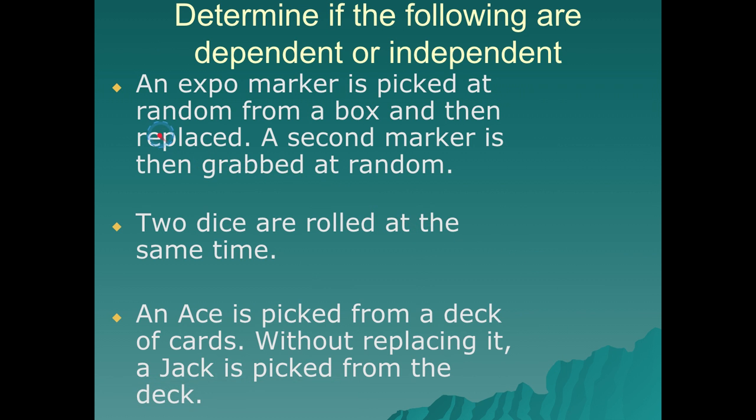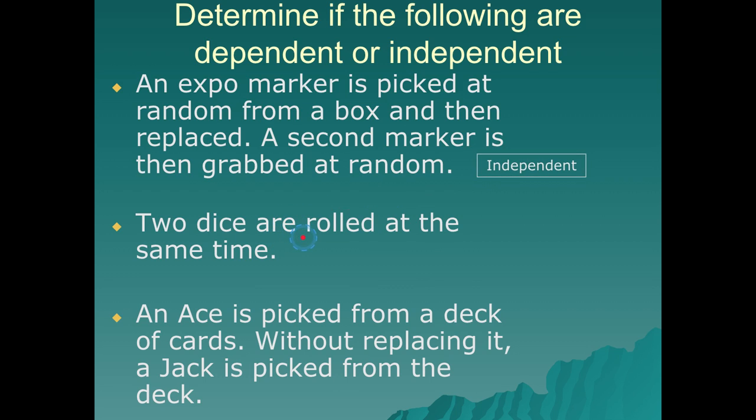Let's look at some more. An expo marker is picked at random from a box and then replaced. A second marker is then grabbed at random. Did I replace it? Yes, I did, so it is independent.